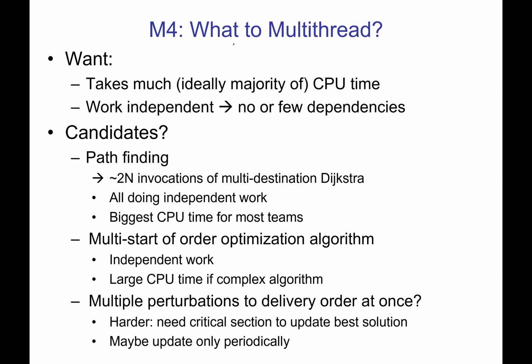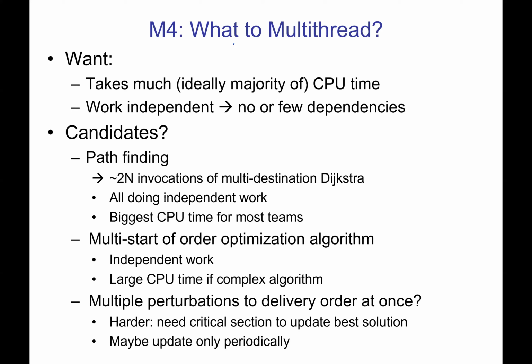And this is the one that was suggested by Ilgiu, which is multiple perturbations to the delivery order at once. This is doable. It's actually harder if you're storing one best solution as you make different perturbations. That best solution would be a critical section because you'd only want one of your perturbation threads to update it at a time.